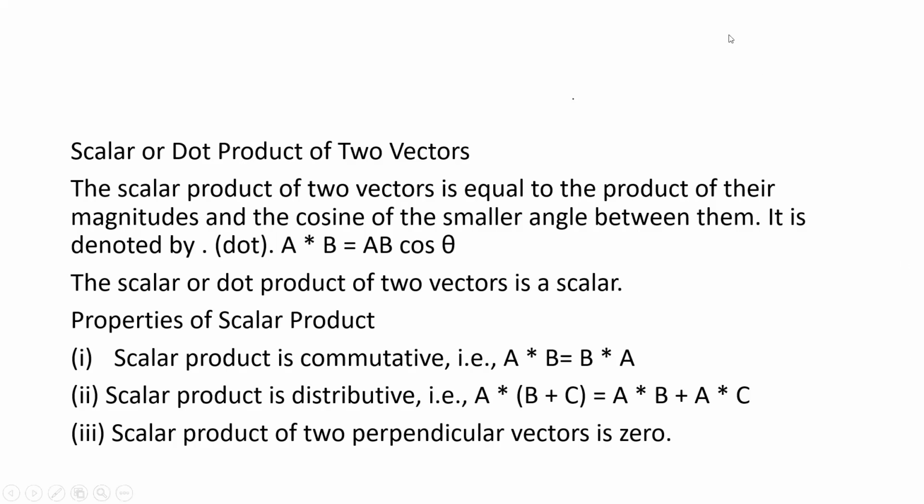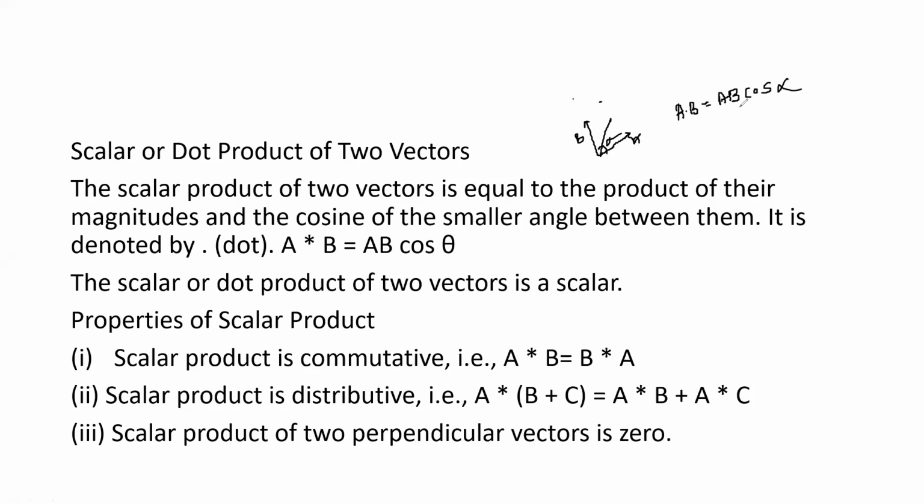Suppose you take two vectors, one is A vector and the other is B vector, and assume that they make an angle alpha. Then the dot product is given by A dot B is equal to the magnitudes of the two vectors, AB, and the cosine of the angle between them, cos alpha.